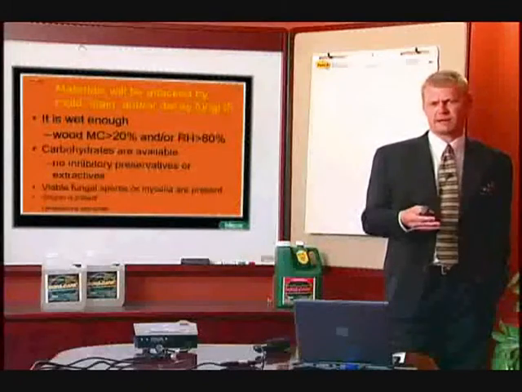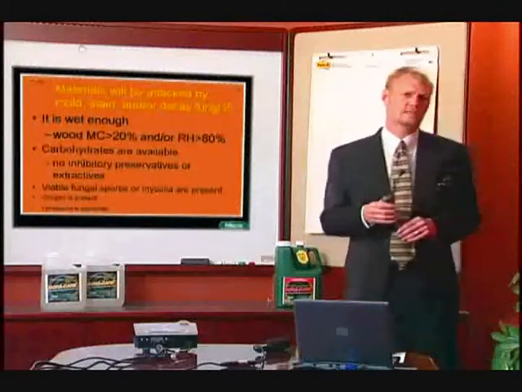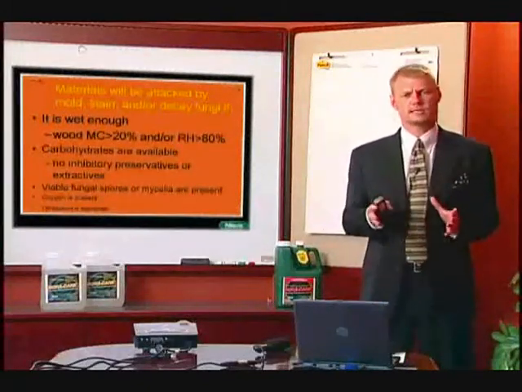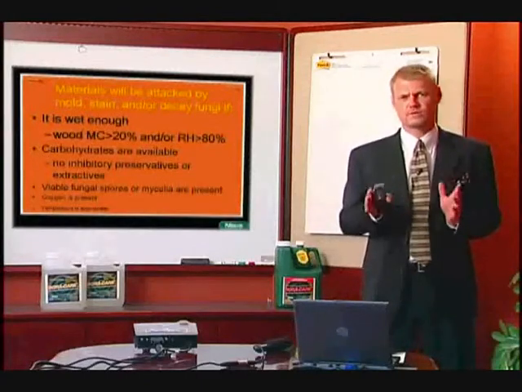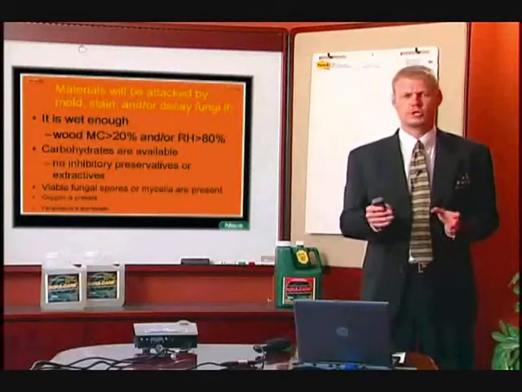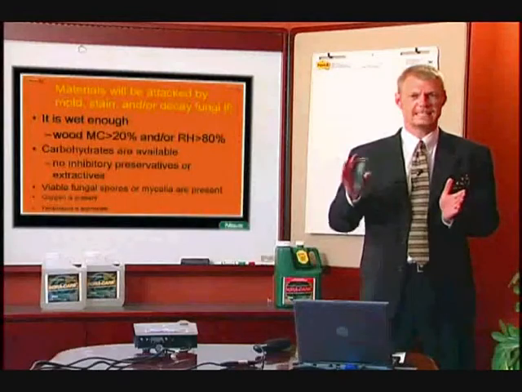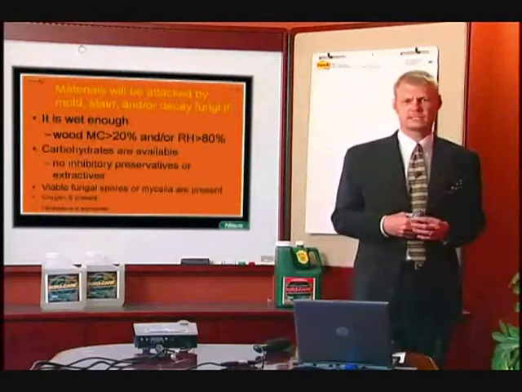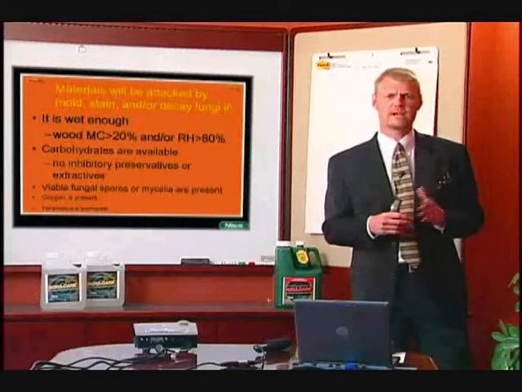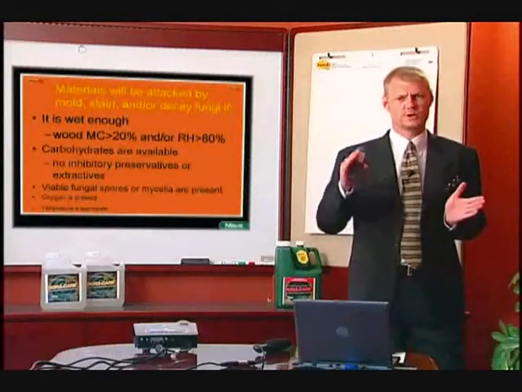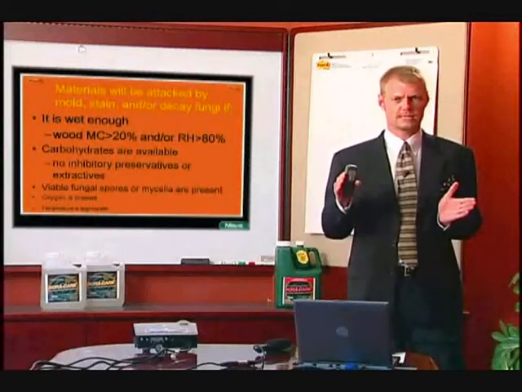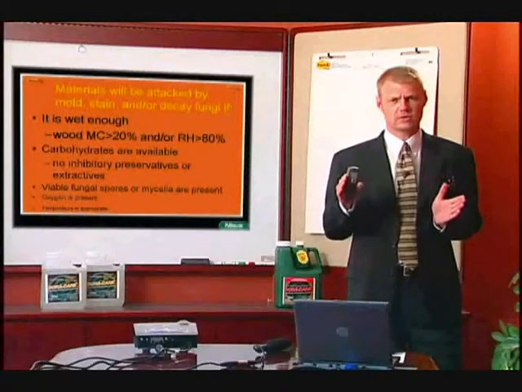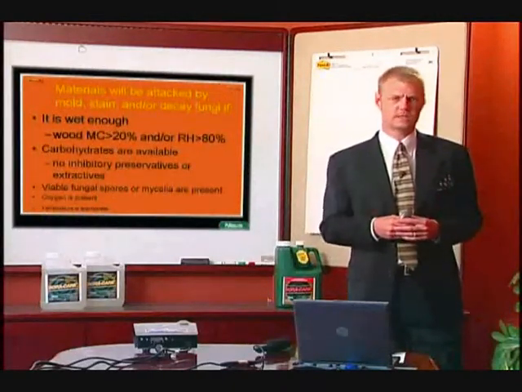Just for a little bit of background information, the Indoor Air Quality Association recommends that the normal and healthy range for relative humidity in a home should be between 40 and 60% relative humidity. And the wood moisture content typically in a home ranges from about 12 to 18% moisture content, depending on location in the country and the ambient weather conditions.